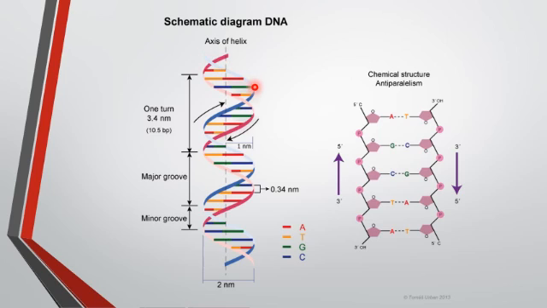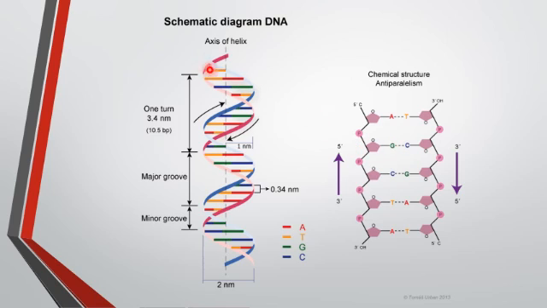So DNA is a double helical structure and antiparallel. Why antiparallel? One strand is from 5' to 3' and the other strand is from 3' to 5'. In between them, these stacks are equivalent to the nitrogen bases, A with T with 2 hydrogen bonds, G with C with 3 hydrogen bonds.